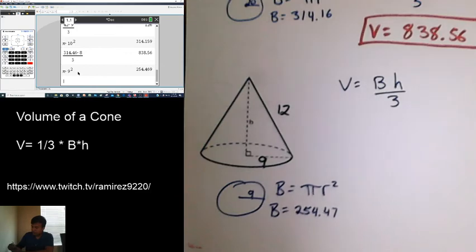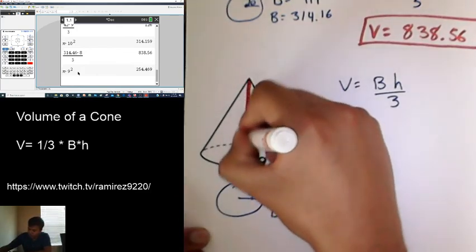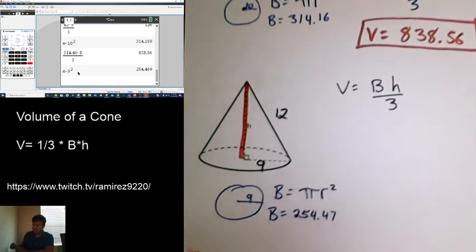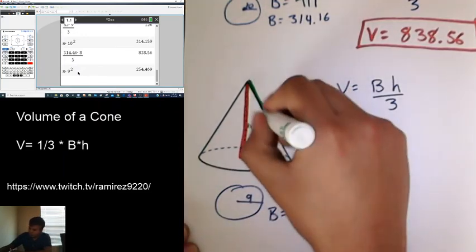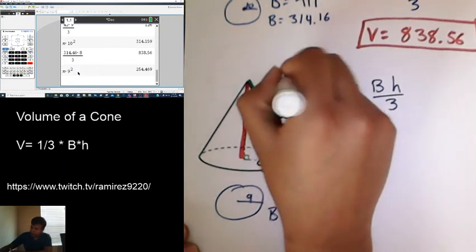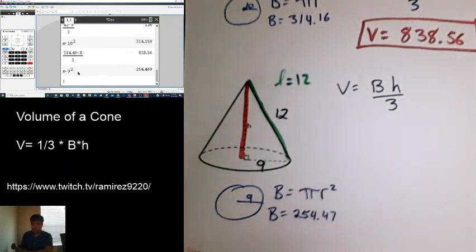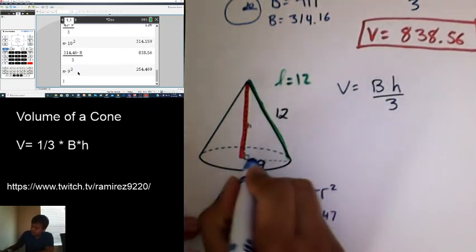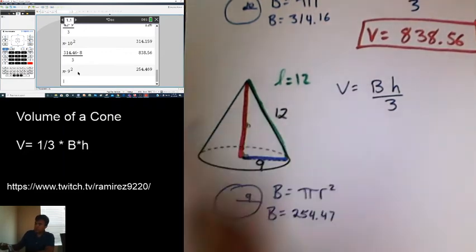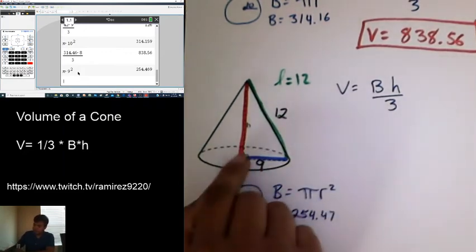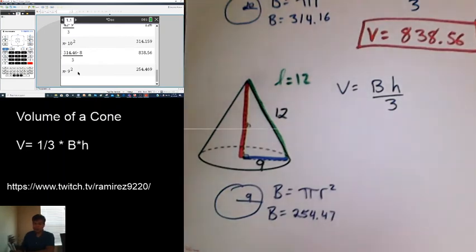And then my height. Remember how your height goes from the very tip perpendicularly down. Well, right now we don't know it. But like I was telling you a little while ago, here they gave me this 12, and this 12 is my slanted height. We use it when we're looking for the surface area, but we don't need it for volume. The big thing here is we have a right triangle. You know your hypotenuse, so we're going to do a quick little subtraction here.